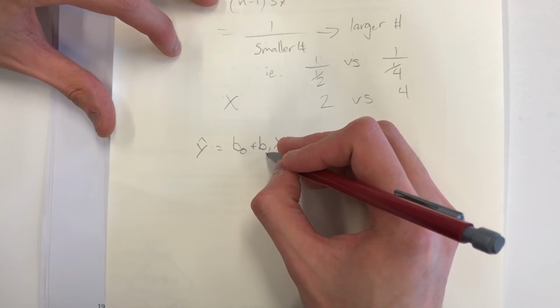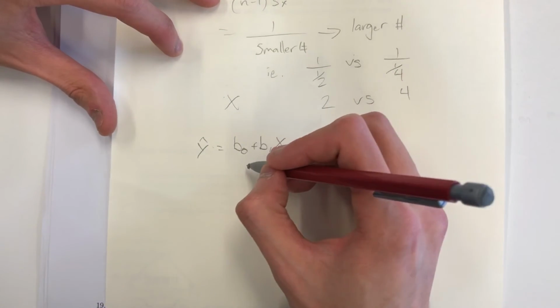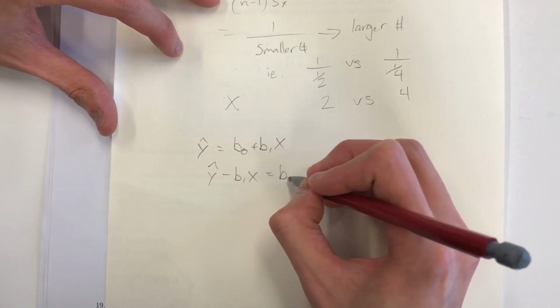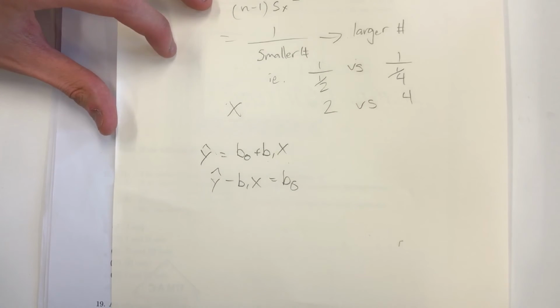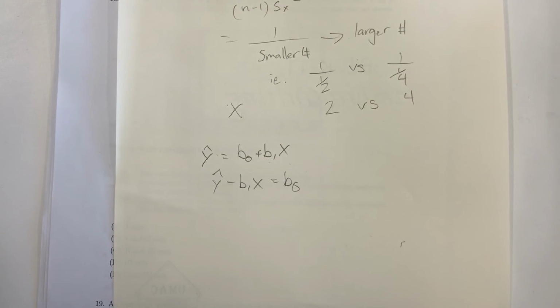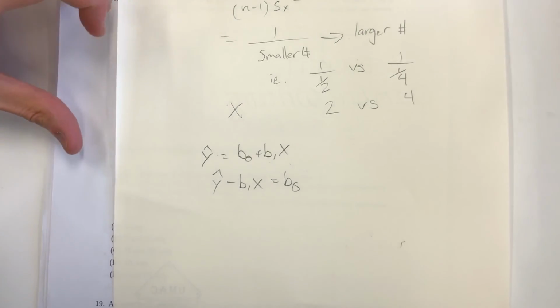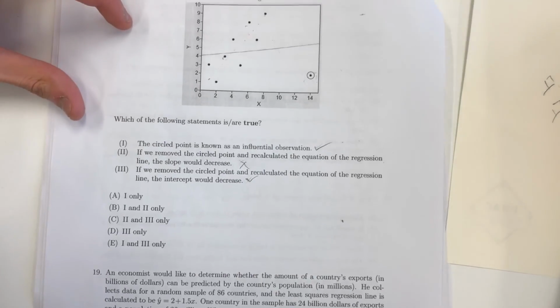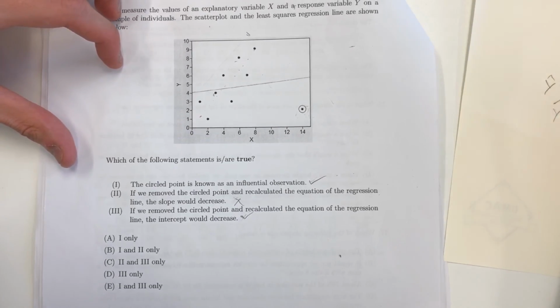Since our slope increased, that means we're subtracting a larger amount from each value of y. So overall, our intercept decreased from the original. So this is true. So the only correct letter answer here should be E.